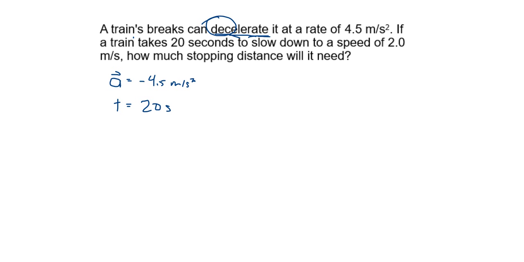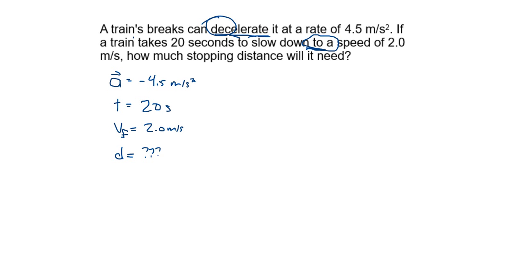We've also write a V here for speed, and it was 2.0 meters per second. But I don't know whether it's initial or final, and it said it's going to slow down to a speed. That little word right there, to a speed, lets me know this is going to be my final velocity. And the last question just says, well, what's your stopping distance?